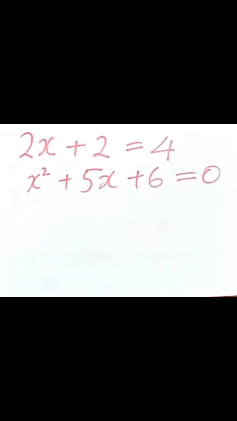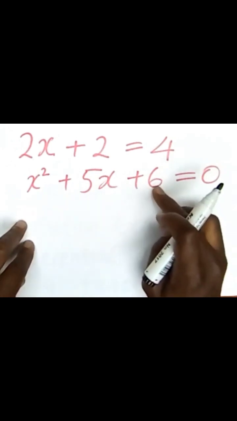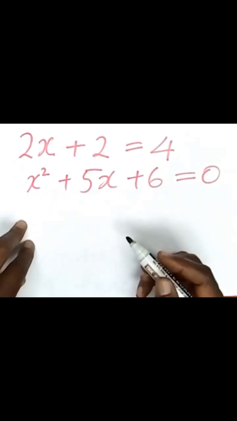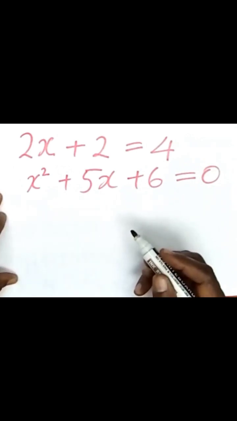While in the simple quadratic equation that we see on the screen, for us to solve the quadratic equation, as you all know, we look for two numbers that their product will give you 6 and their sum will give you 5. And those two numbers simply are 2 and 3.